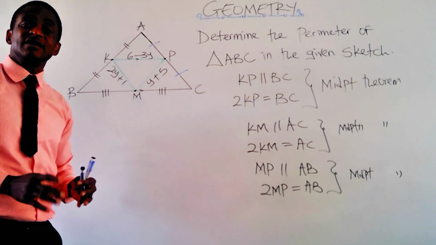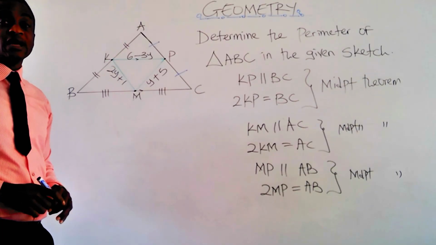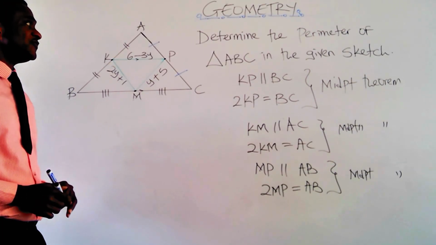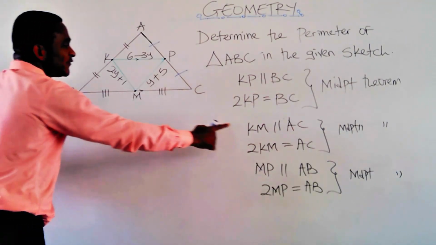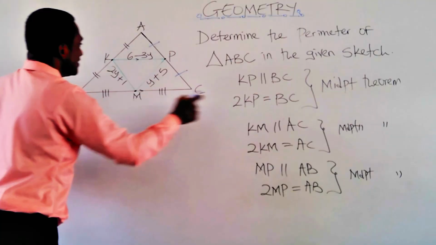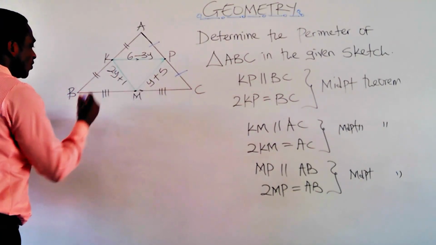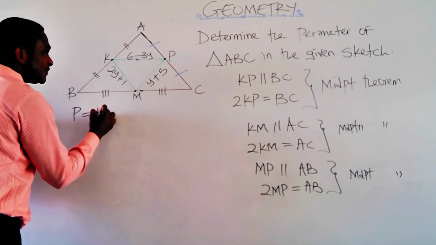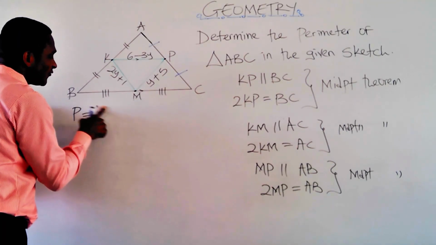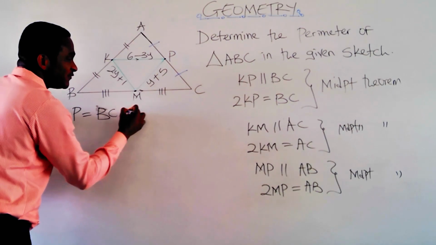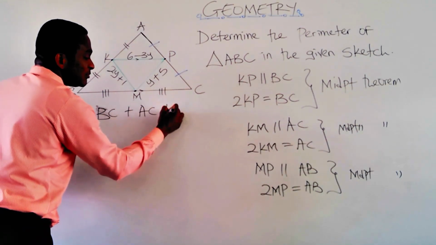So if we can get the 3, then we can go on and get the perimeter of the shape. Let me start from BC first, plus AC plus AB.